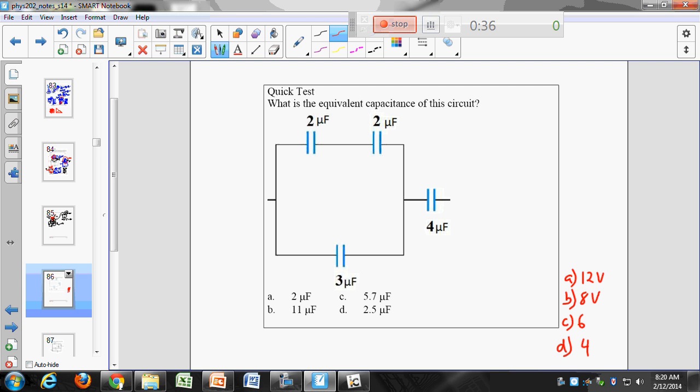I'm going to ask you another question in just a second. But what is the equivalent capacitance of that circuit?